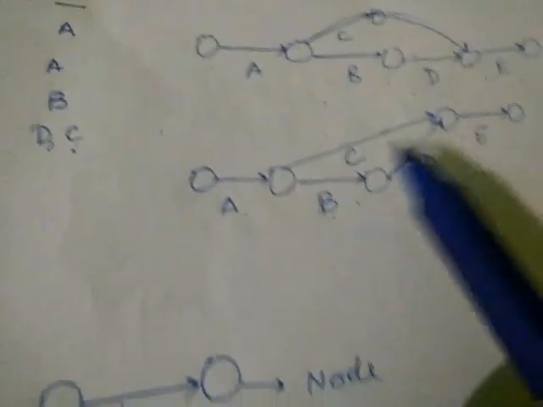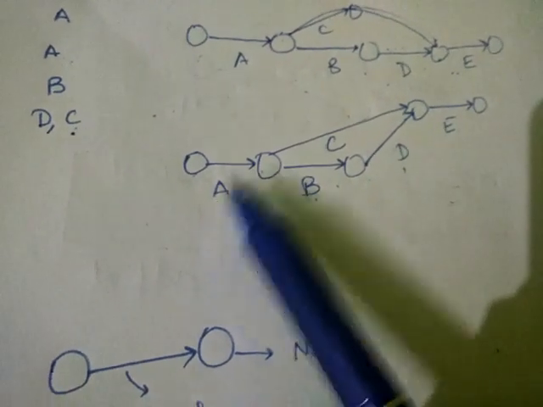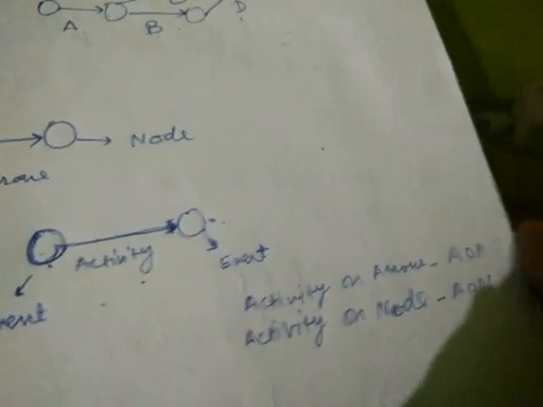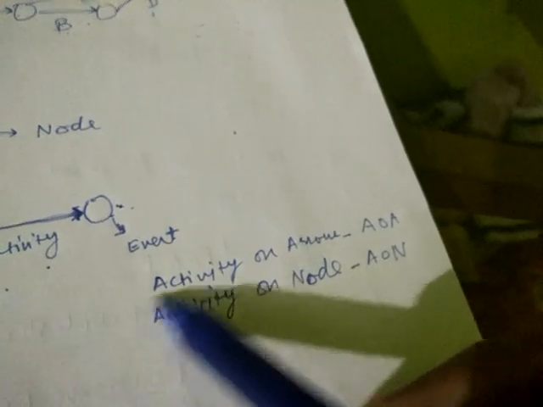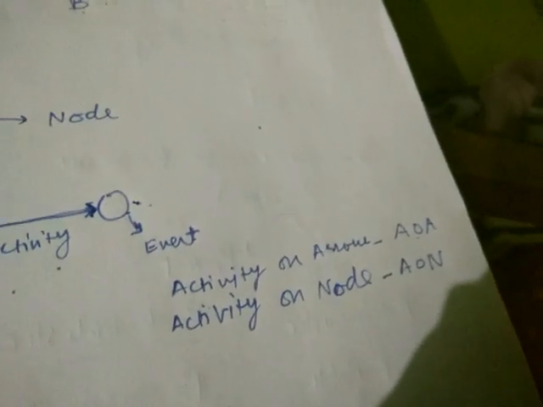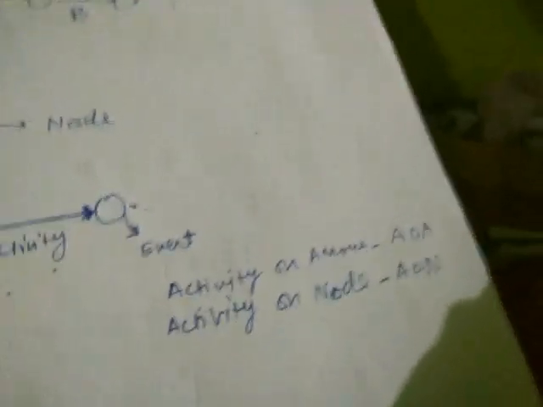This diagram which you have made is activity on arrow, here on arrows you have shown activities. If activities are shown on nodes, then it will become activity on node. I will suggest that we will practice activity on node in some question, but the main thing is activity on arrow, that will be required in future, and that is very necessary to understand. So we will focus on this, what we have made, that is activity on arrow.